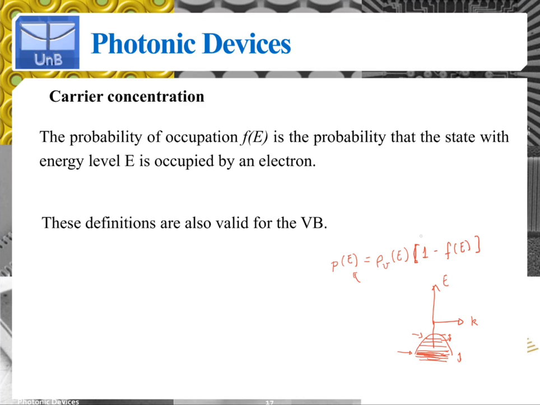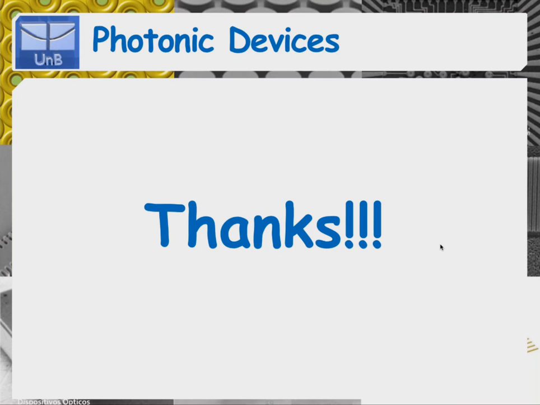So you can consider this as the probability of occupation of these states by holes. If they're not occupied by electrons, they must be empty and they're going to correspond to holes. Therefore, 1 minus the probability of occupation by electrons is the probability that the state is going to be empty, and therefore the probability of occupation by holes. We're going to talk about this in future lectures.